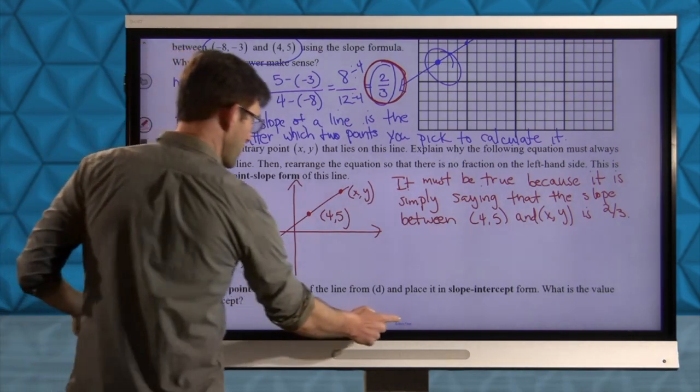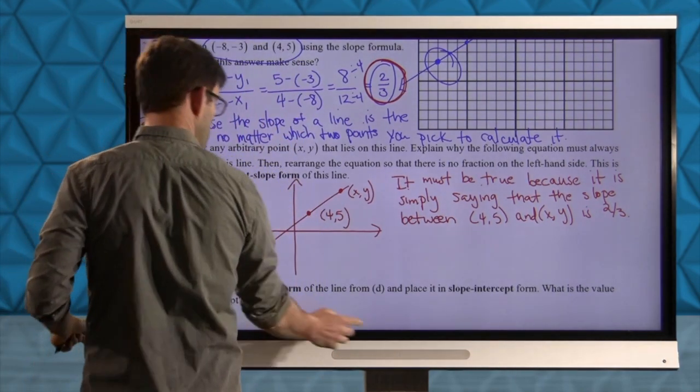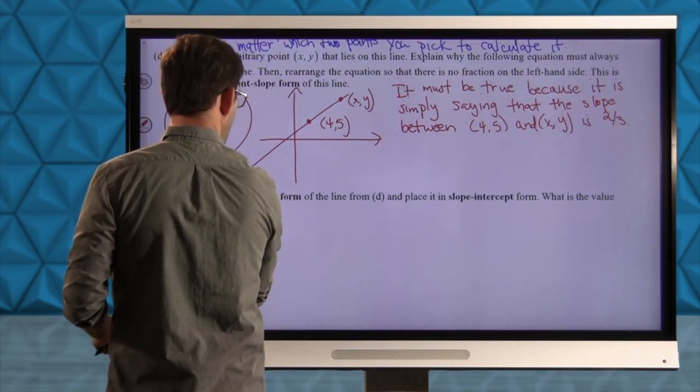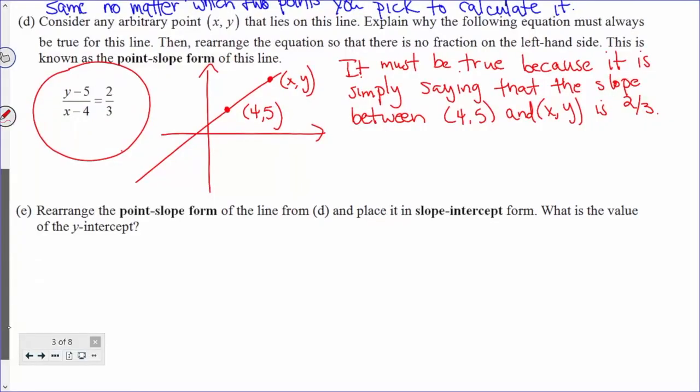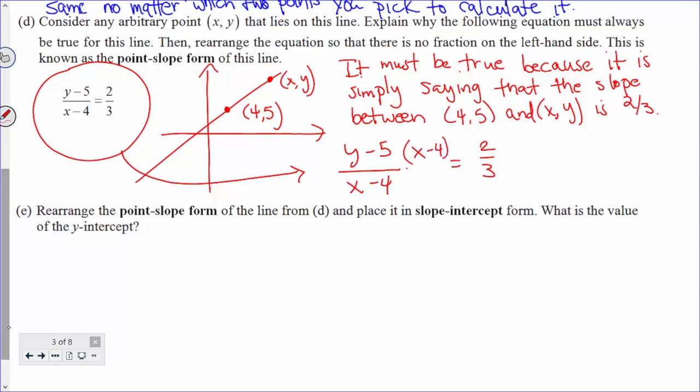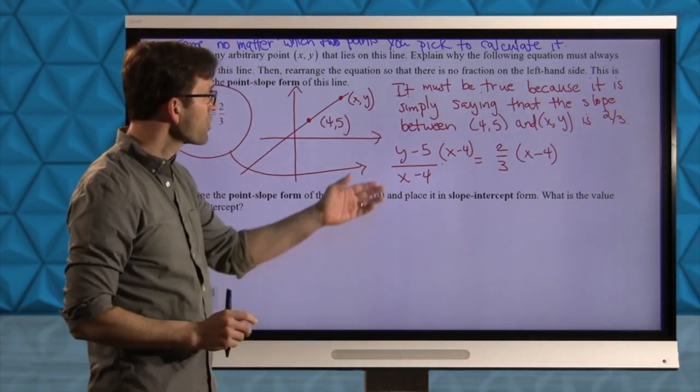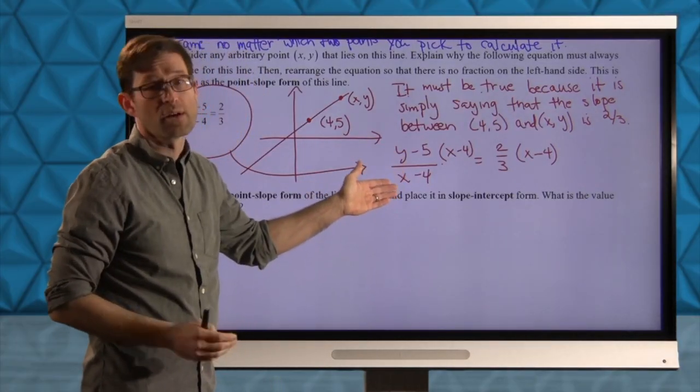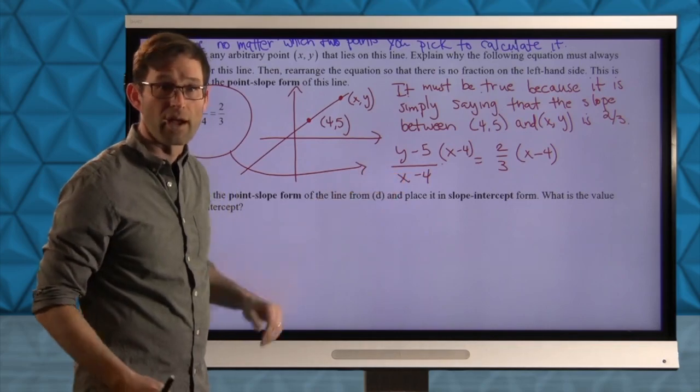fraction. Let me extend the page a little bit. Okay, so I'm going to take this and bring it over here. Okay, so how do I get rid of this fraction? Well, I'm going to give myself a little bit of space here, and I'm going to multiply both sides by x minus 4. In other words, I want to get rid of the denominator in the fraction.